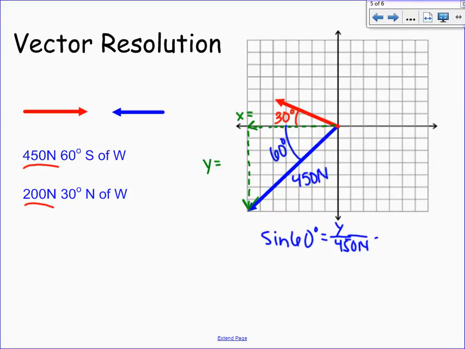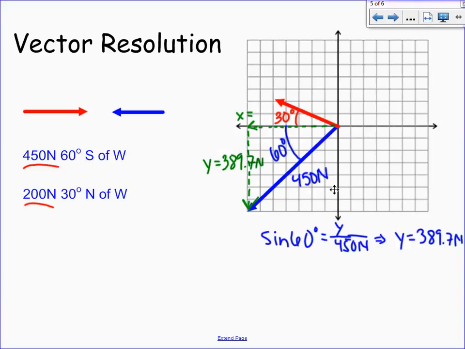Now make sure that your calculator is in degrees, not radians. So sine of 60 degrees is approximately 0.866, and then times 450, and our y value should be approximately 389.7. So I'm going to go ahead and write that over here, 389.7.